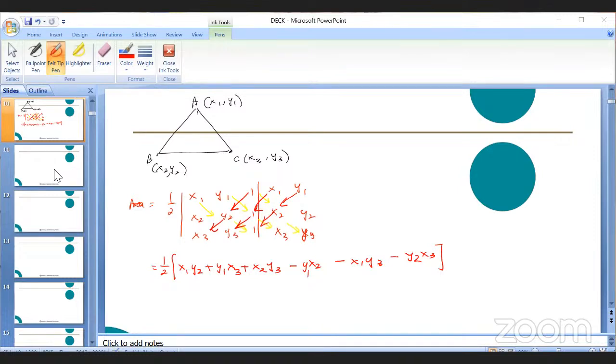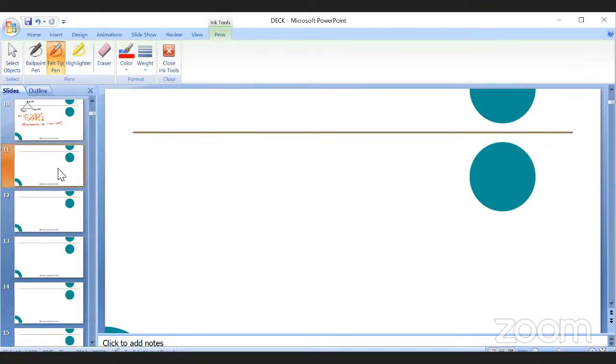Very good. Okay. Now we will learn how to find minor of elements of matrix.